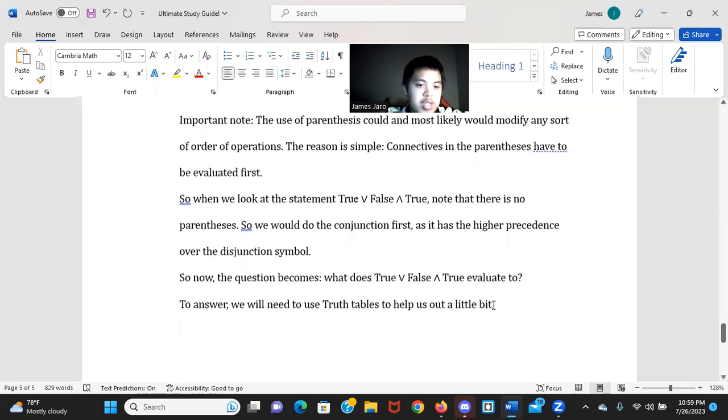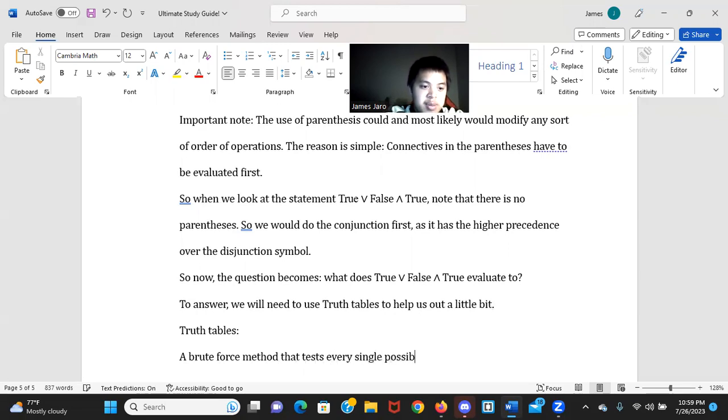So truth tables are simple. Truth tables are a brute force method. This is a brute force method that tests every single possible combination of truths and falses.